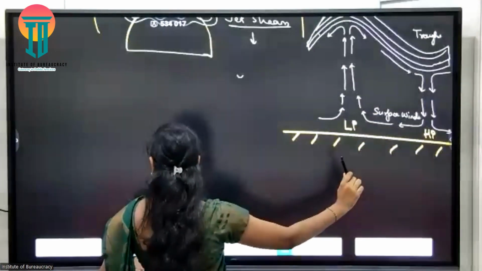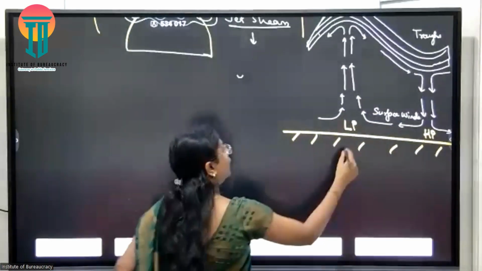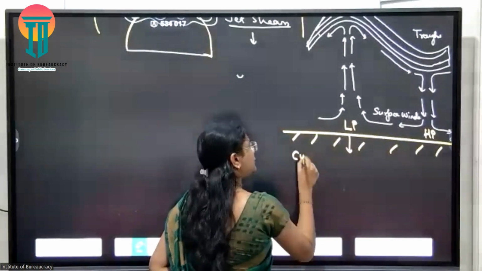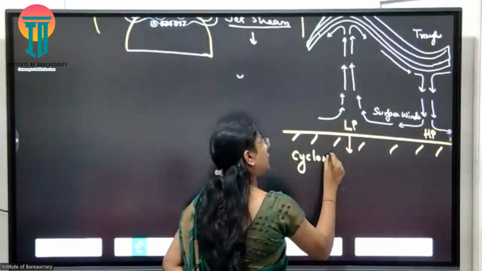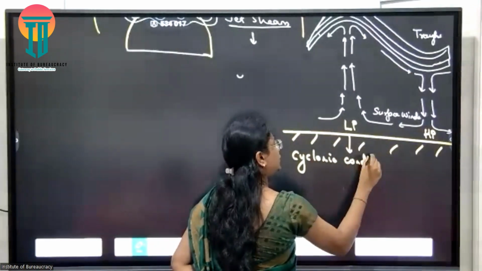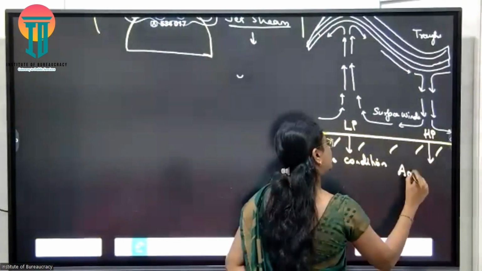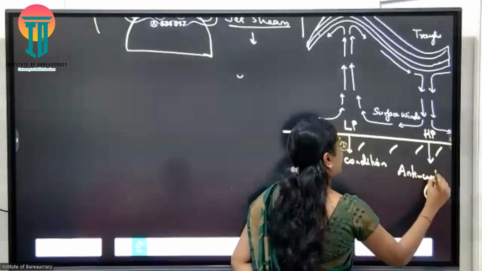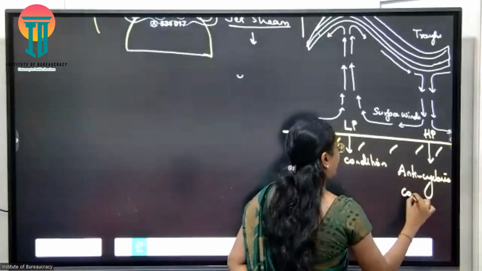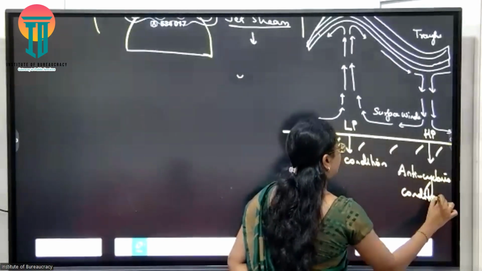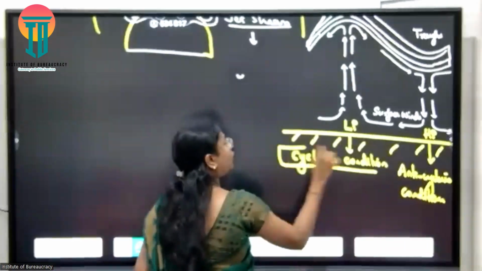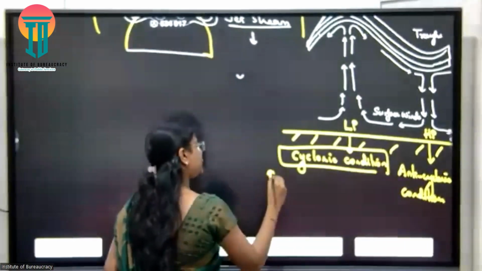Ridges of my jet stream induce cyclonic condition, and the troughs of jet stream induce anticyclonic condition. We haven't seen anticyclones yet, we will see them after finishing this comparison. So cyclone is what? Ridges of jet stream.